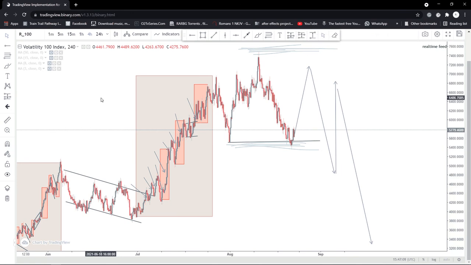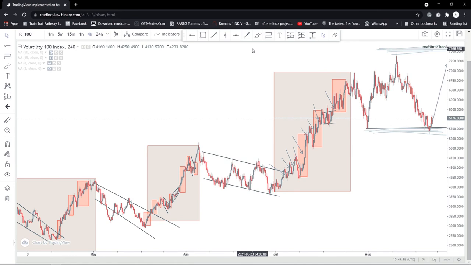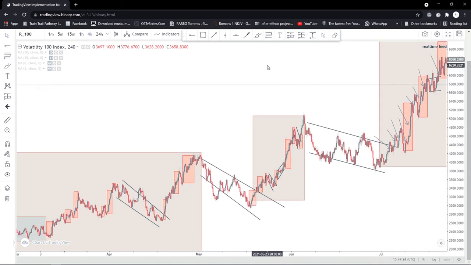So this is how easy it is to trade the market, guys. And don't kill me for giving this information, but I remember one day I was praying and I told God that if I do get to understand the markets, I will give the information for free.